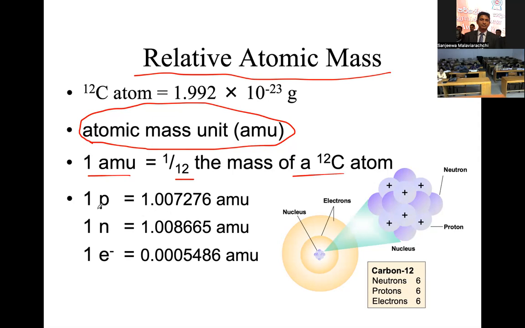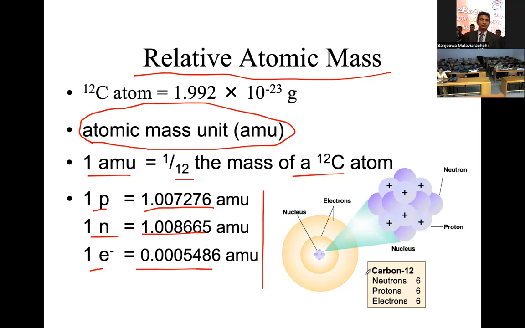So if you consider, one proton is equal to this much of AMUs, 1 neutron is equal to this much of AMUs, and 1 electron is equal to this much of AMUs. So you can clearly see the difference in masses. The lightest is the electron. Okay, so this is carbon-12.